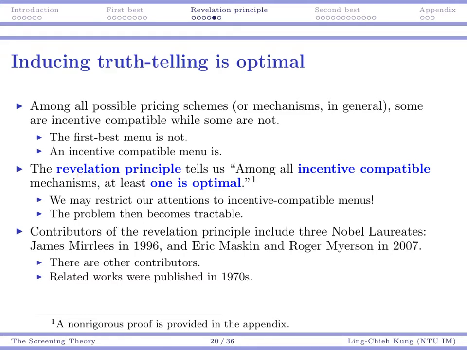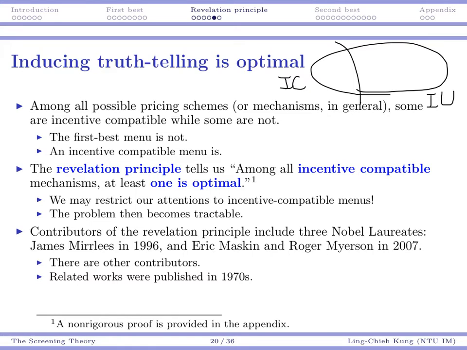So let me say that again. Suppose in the world there are so many different contracts. Okay, so this black circle means all the contracts. Some of them are incentive compatible. Some of them are incentive incompatible. Okay? So incentive compatible contracts are just part of all the contracts.